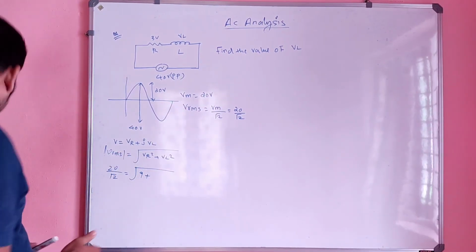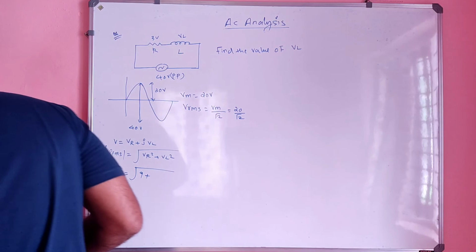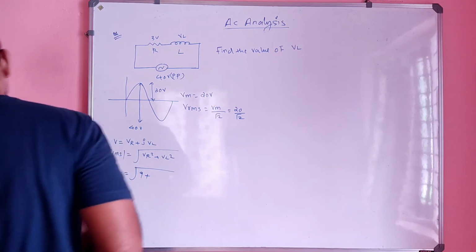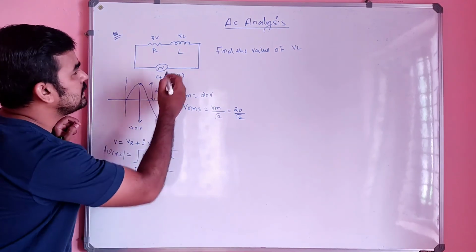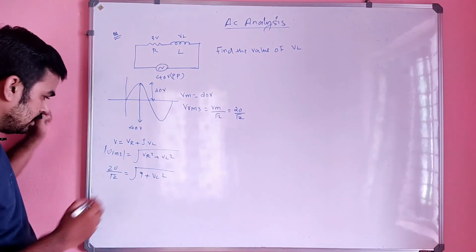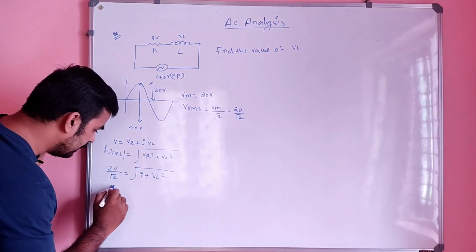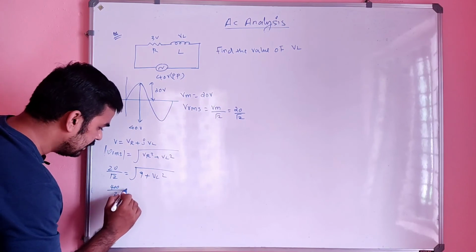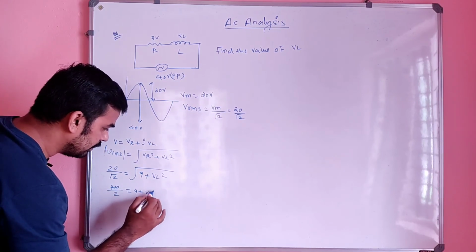So it will be 9 plus VL square. I have to square both sides, so it will become 400 by 2 equal to 9 plus VL square.